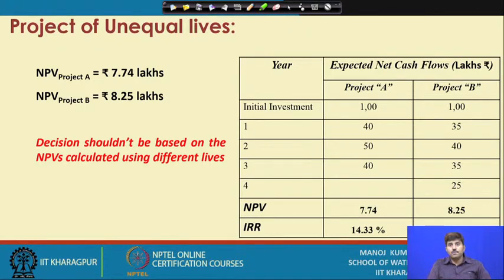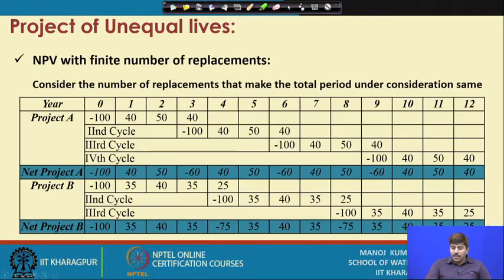Then what to do in such a case? Well, in such a case we will have to consider an NPV for the same period with a finite number of replacements. So, how do we do that?